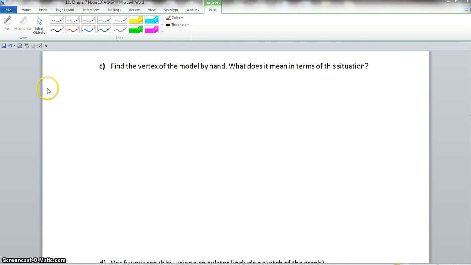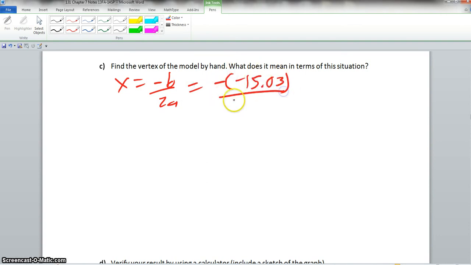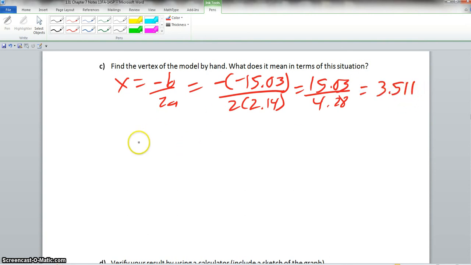Now, we would do x is equal to -b all over 2a. So we add an opposite of -15.03 all over 2 times 2.14. That'll give us 15.03 over 4.28, which is 3.511.